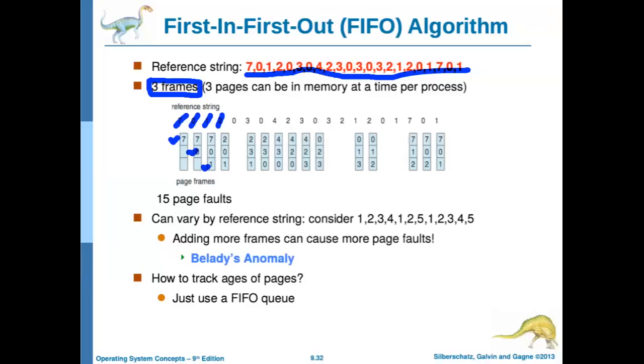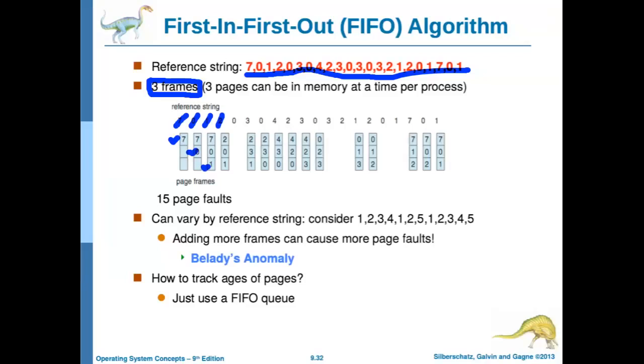That means now we need to select the victim. Either 7 or 0 or 1 we need to replace, right? So we need to select the victim. Now which to select? Because we are discussing first in first out, that is the FIFO algorithm, out of 7, 0 and 1, which one is loaded first? It's 7.